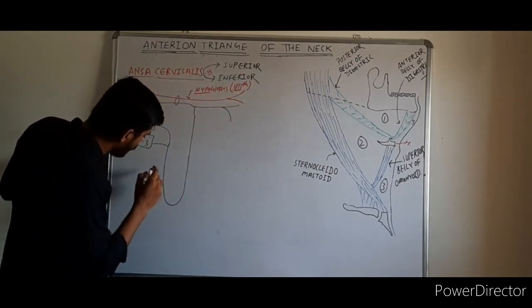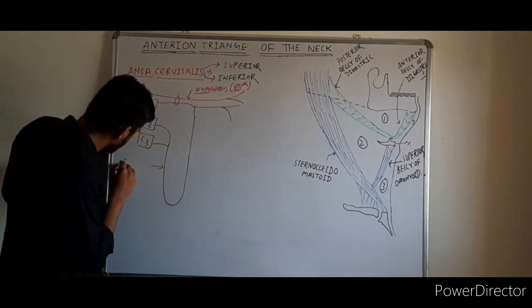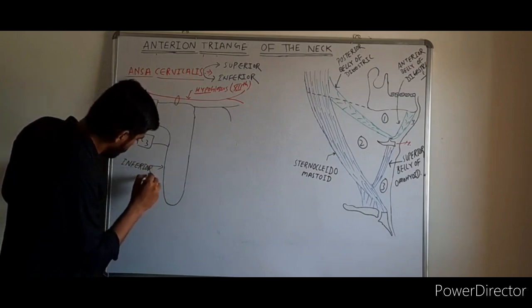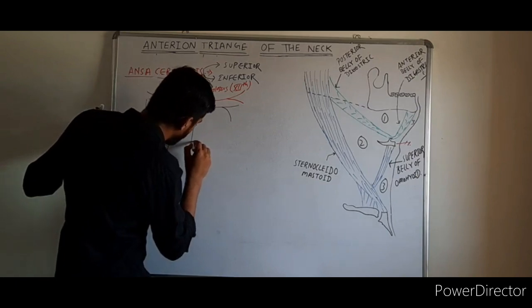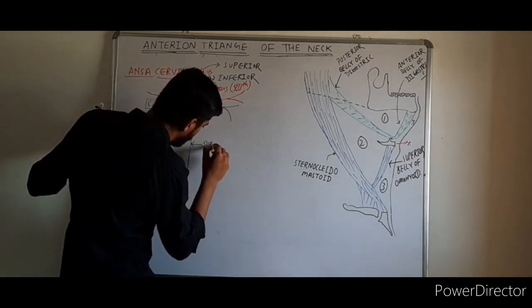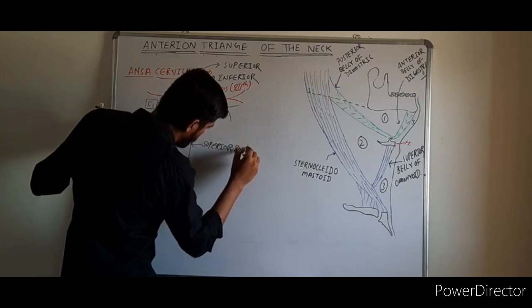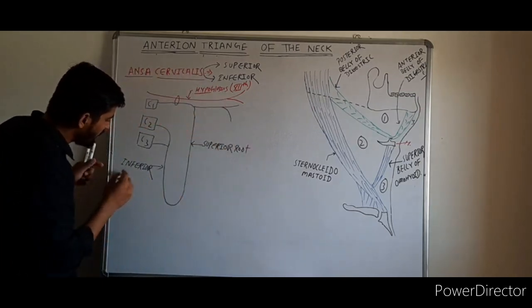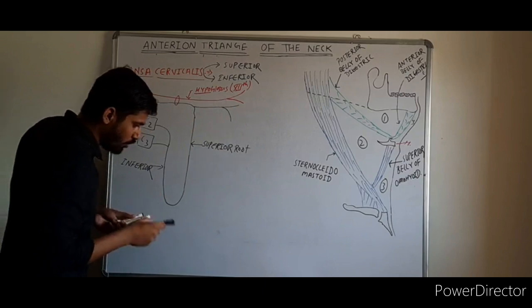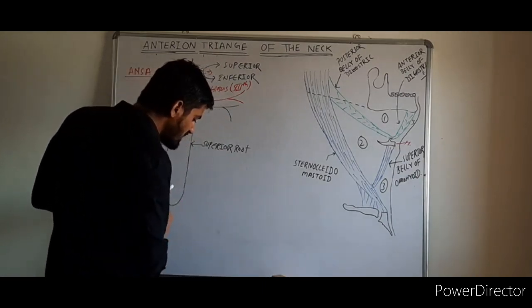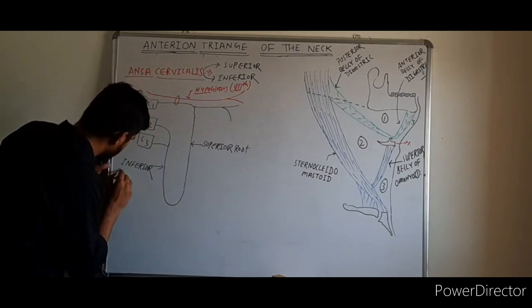This is the inferior root and this is the superior root. The inferior root is also known as the descendens cervicalis.